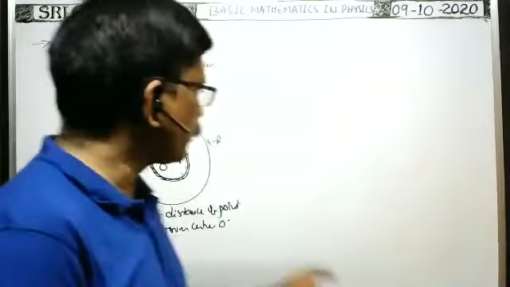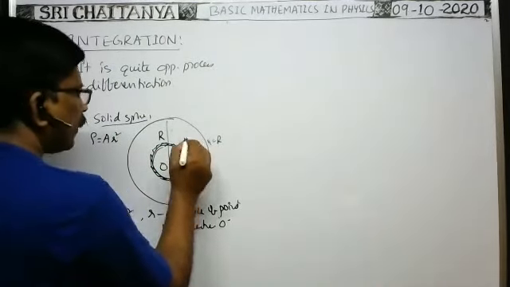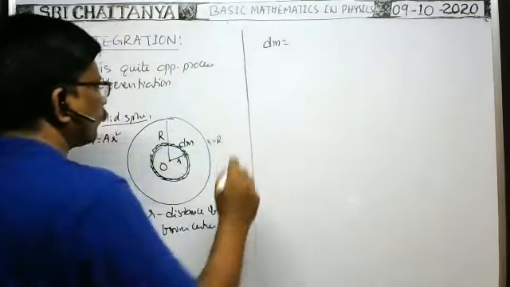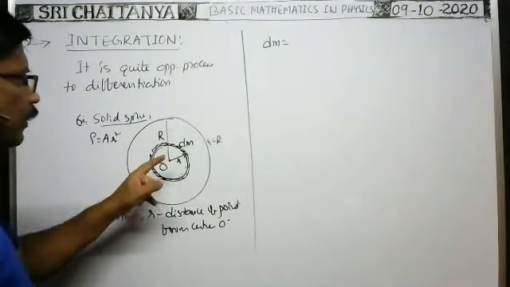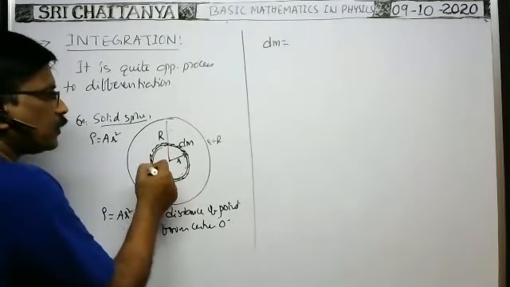One such spherical shell we consider. What is the mass of the spherical shell? We need the mass of the spherical shell, dm. Mass is volume into density, so we need the volume of the material of the spherical shell.